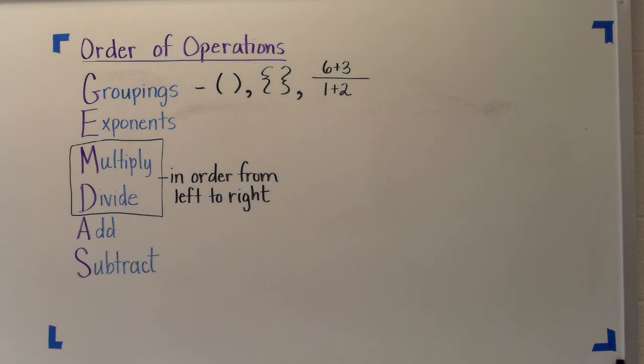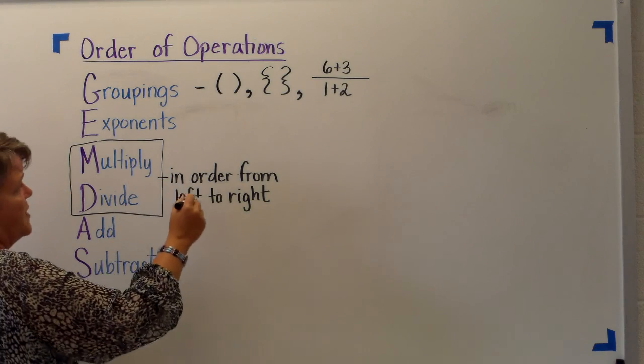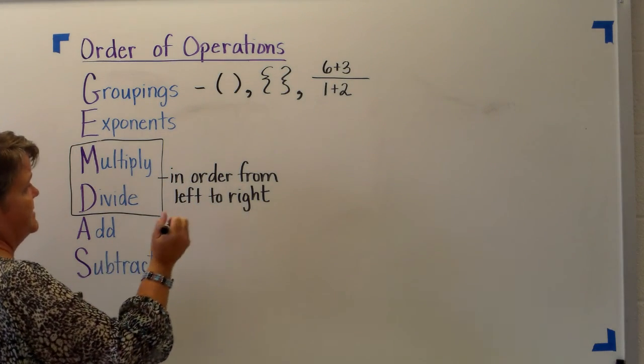I'll be showing you an example of that when we go to doing our examples. You don't cherry pick. You don't go through and do all the multiply and then come back through and do all the divide. You do them in order from left to right as you come to them.